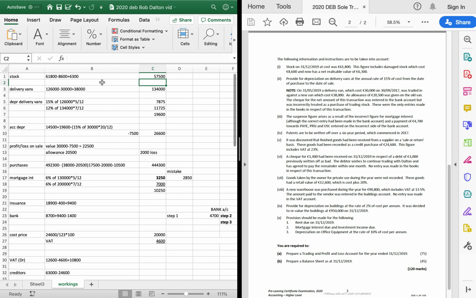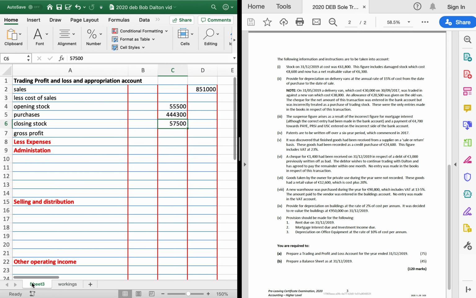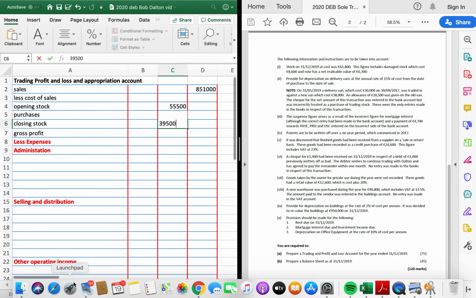We take this 20,000 from stock as well. I think we do anyway. Let's check the working scheme after. So that's 37,500 there. Sorry, it's 39,500. So 61.8 minus 8.6 plus 6.8.